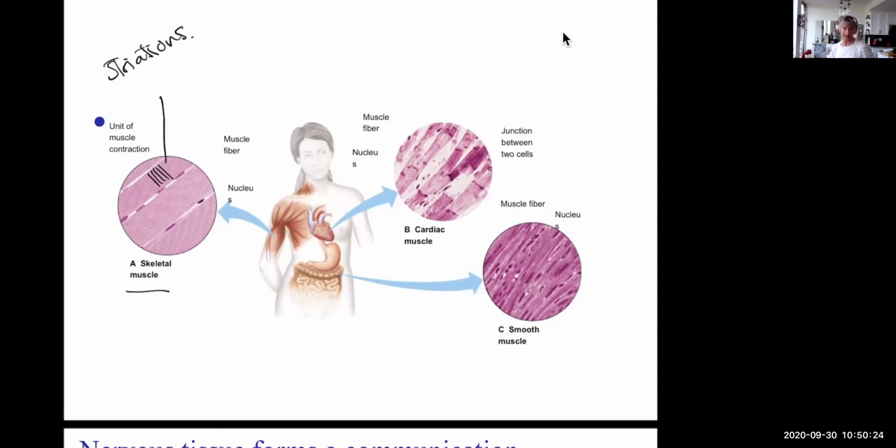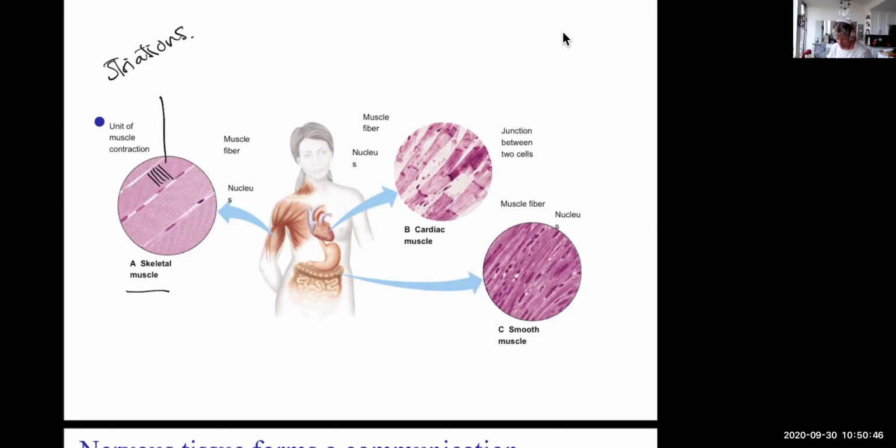Technically, they're Z lines, so they are the parts of the muscle where the actin and myosin is attached, and they're the ones that individually contract, but because the nervous system will stimulate, the whole muscle will contract at one time. So that's a distinguishing feature of skeletal muscle.